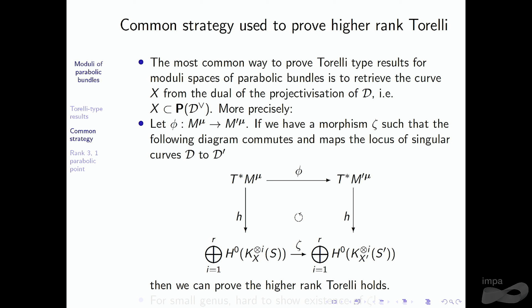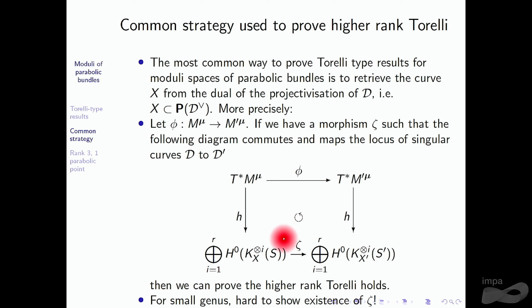Okay, now for small genus, the problem is the existence of this zeta. This is what we don't have. So in the result of Thiago, what happens is that he shows that this map does exist for genus 1, rank 2. This zeta follows from the argument of the codimension.